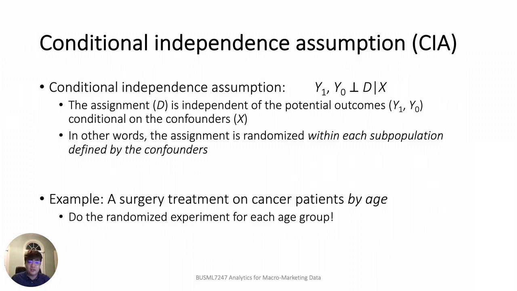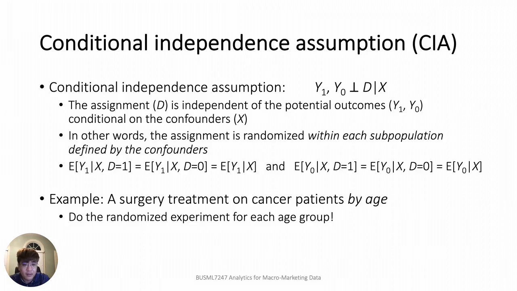That is, the patients are divided into subgroups by age, and in each group, the patients are randomly assigned. If the CIA holds, then the expectation of the potential outcome, conditional on the confounder and the assignment, is the same regardless of the value of the assignment. And it is the same as the expectation conditional only on the confounder.